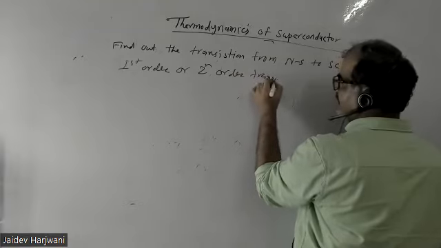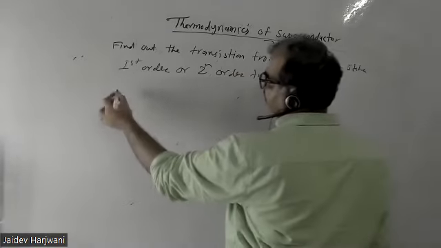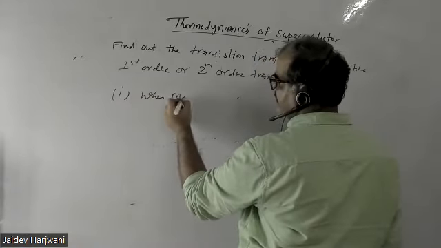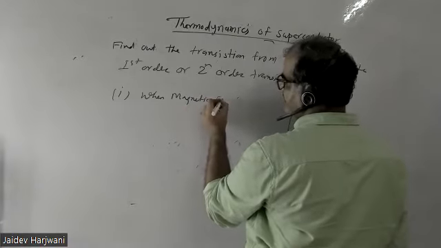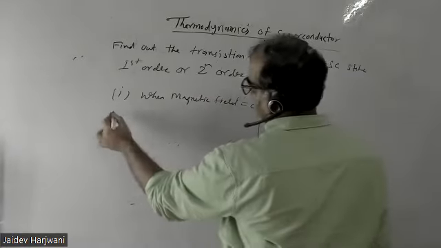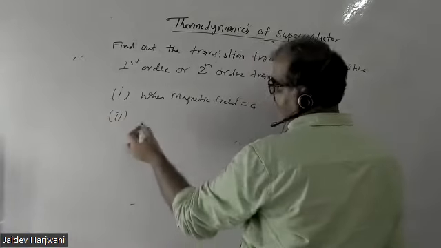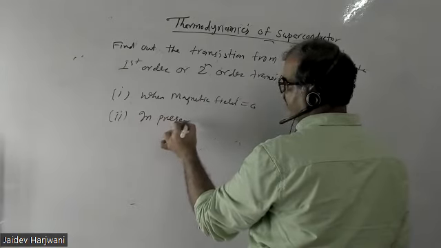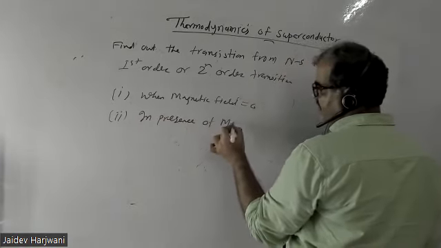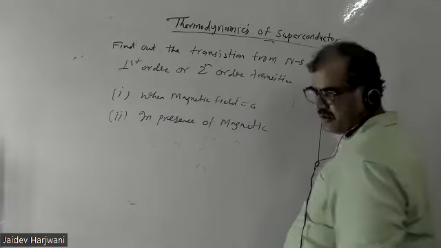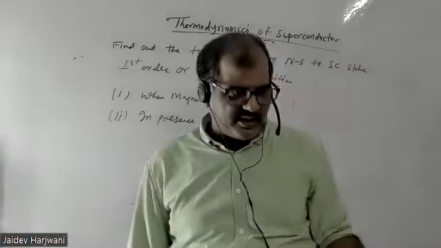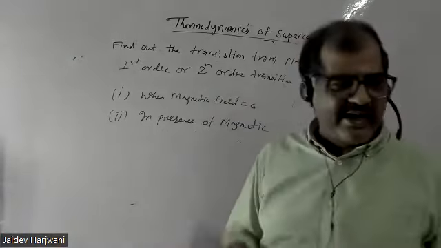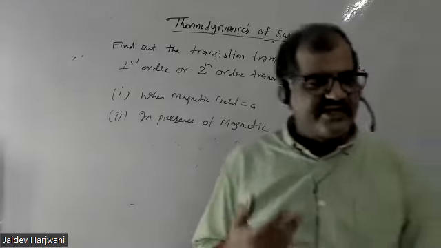In two cases: when the magnetic field is 0, and when the magnetic field is present. In absence and presence of magnetic field, the transition can be first order or second order. In both cases you have to show me the nature of the transition.